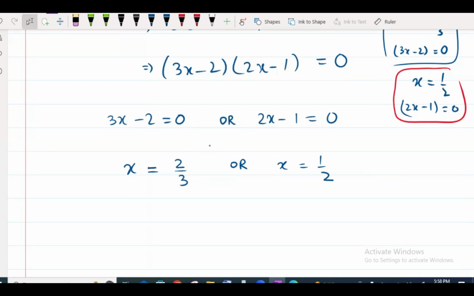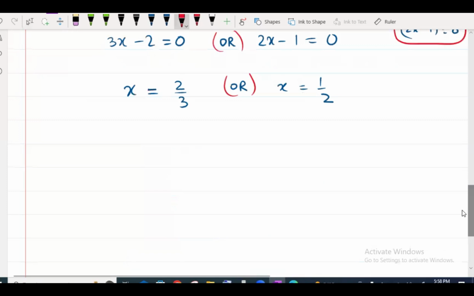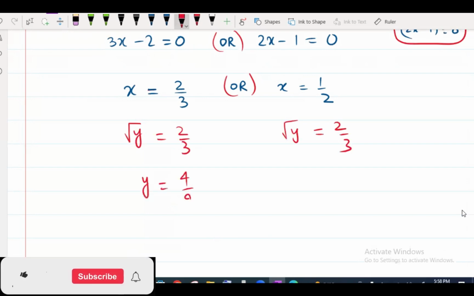So, recall, we assumed square root y equal to x to start. Am I right? Square root y equal to x. So replace x with the values: square root y equals 2 by 3, and we get the value of y as 4 over 9 here.